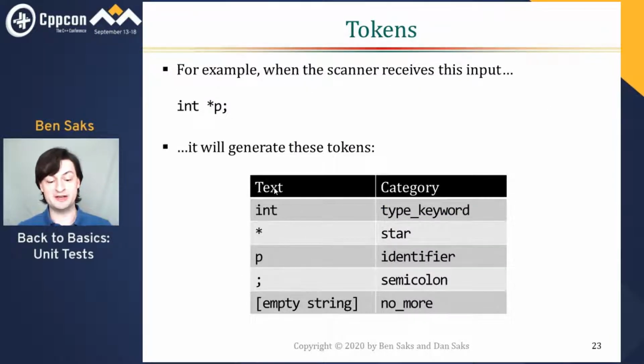So when the scanner receives this input here, int star p semicolon, it will wind up generating these tokens in order. One for int, one for the star, p, semicolon, and then the very last one will be the empty string with the no more category, indicating that we've reached the end of the input, there are no more tokens left to read.